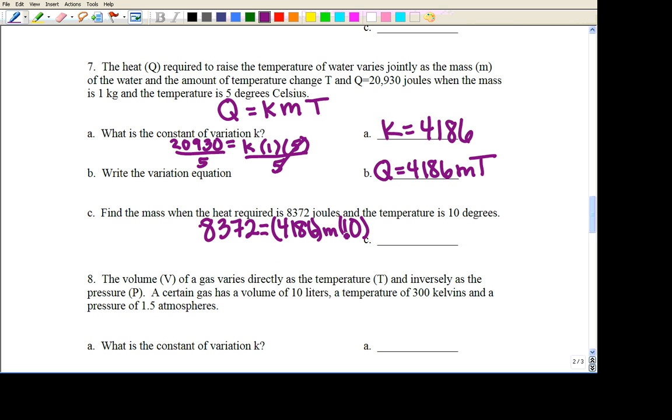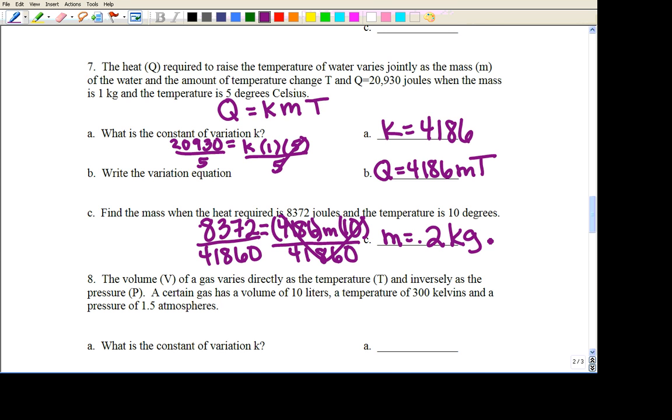So we need to get this M by itself. So we're going to divide by 4,186 times 10. So if I divide both sides by that, I'll get that our mass is 0.2 kilograms.